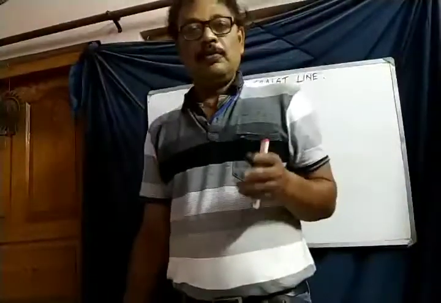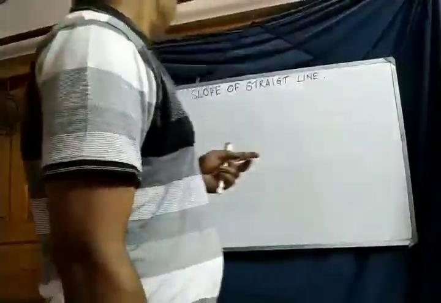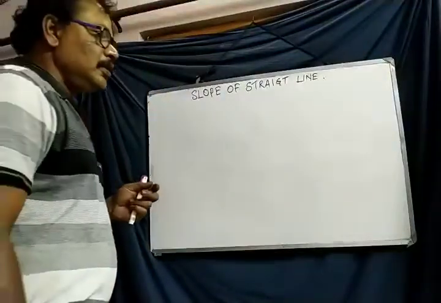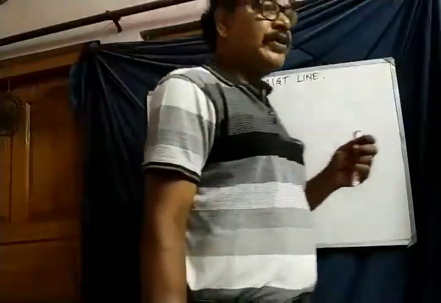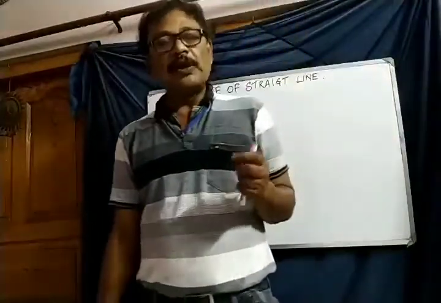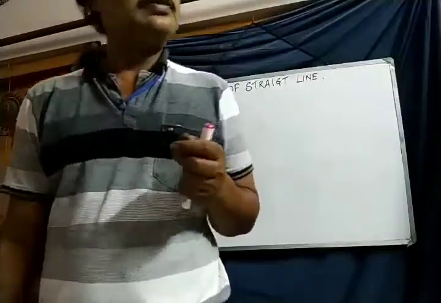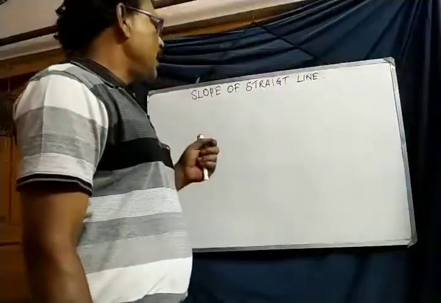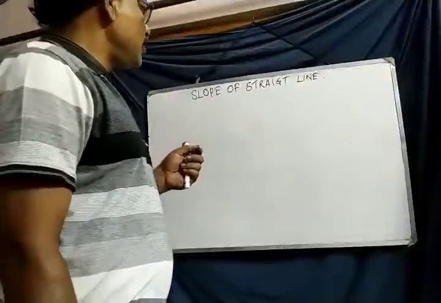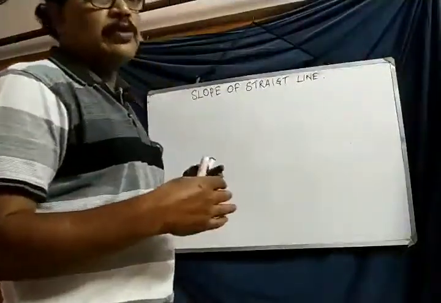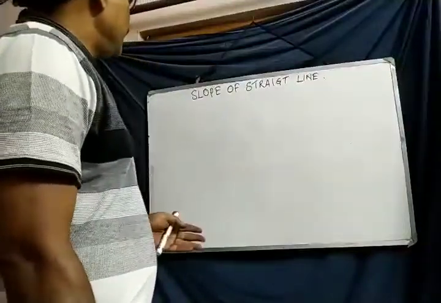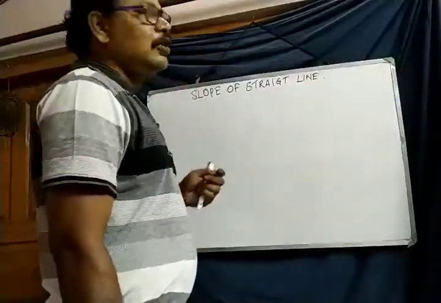Our today's class is slope of straight line. It is a very important subject in coordinate geometry because the total chapter, the next chapter equation of straight line, is totally dependent upon the concept of slope.